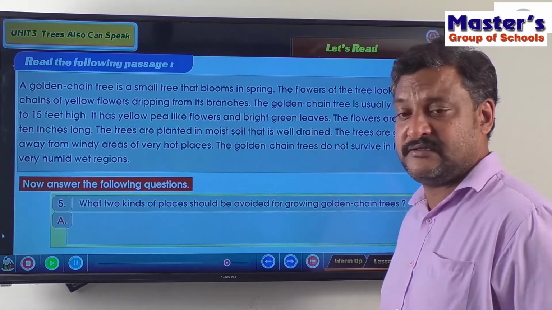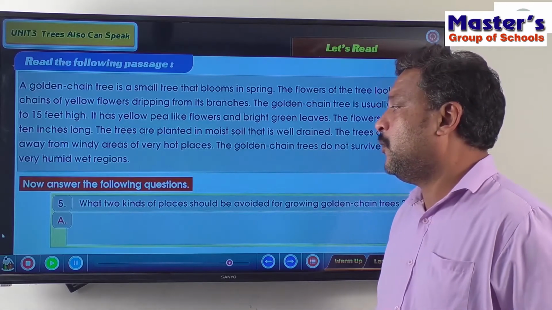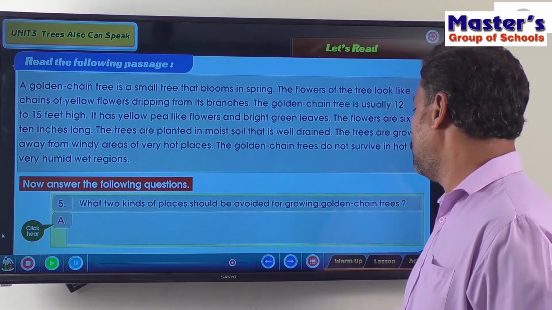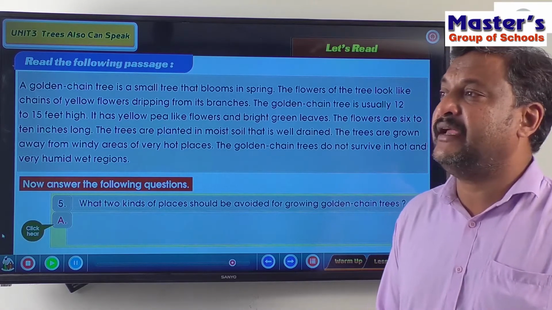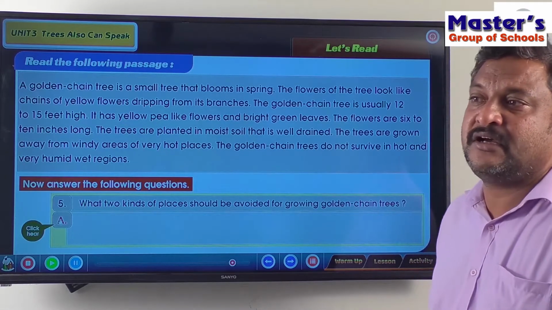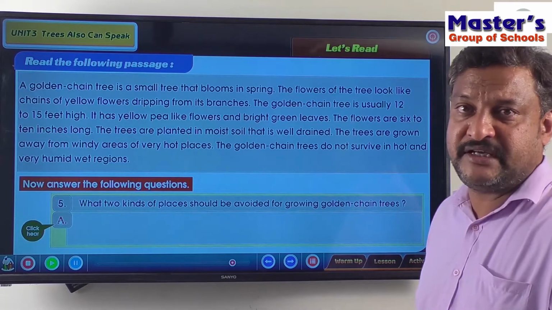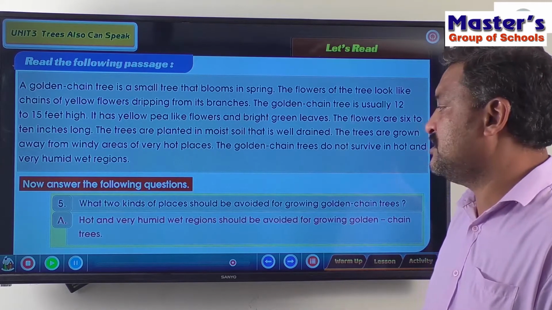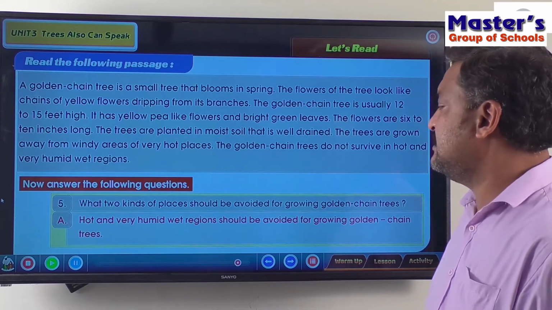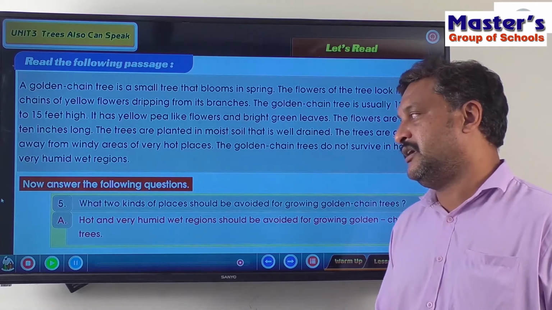Okay. Yes. Next. What two kinds of places should be avoided for growing golden chain trees? So, which are the areas where the golden chain tree cannot grow? Hot and very humid, wet regions should be avoided. So, which are they?